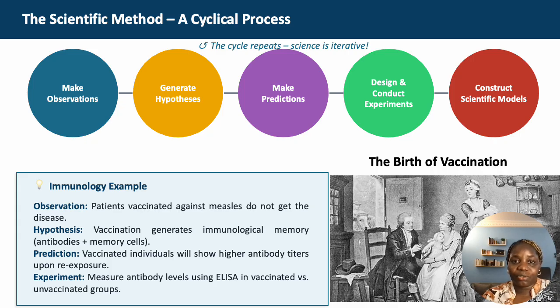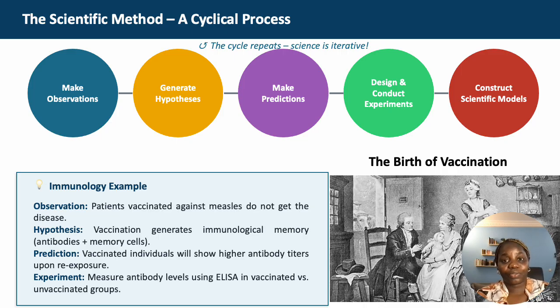Jenner did not assume that it was a superstition that milkmaids were protected from smallpox. He just observed them, and he noted that these same women frequently contracted cowpox, because they were dealing every day with cows. The infected cattle had a mild form of the disease, cowpox, sorry for the pronunciation.